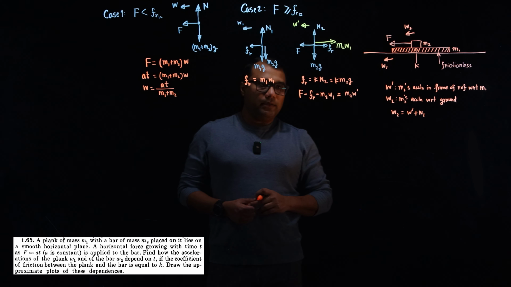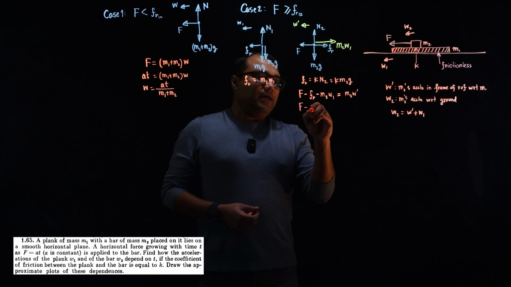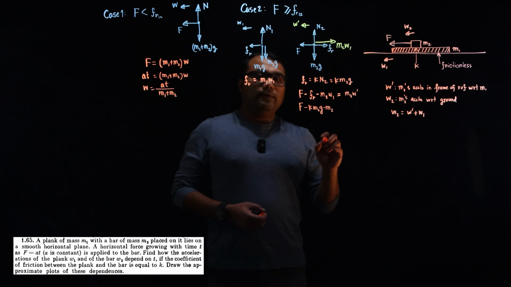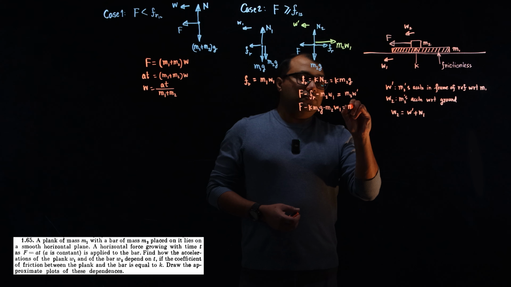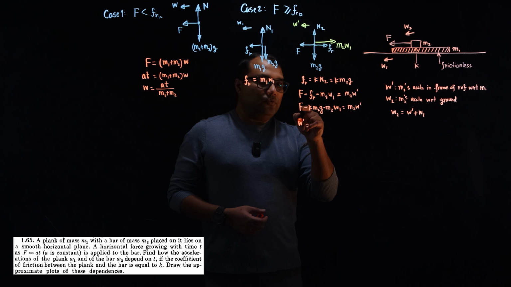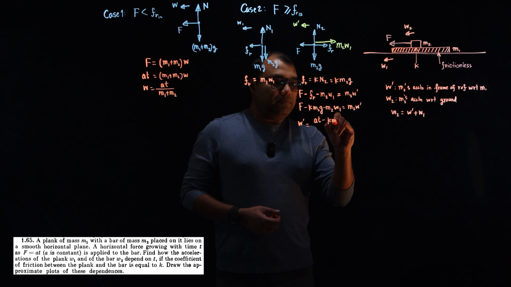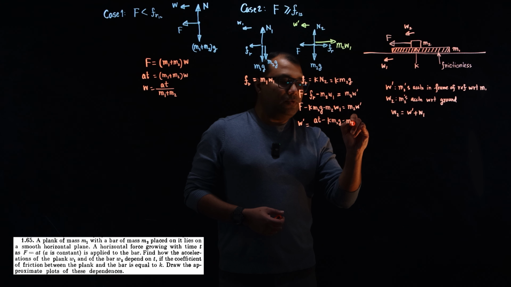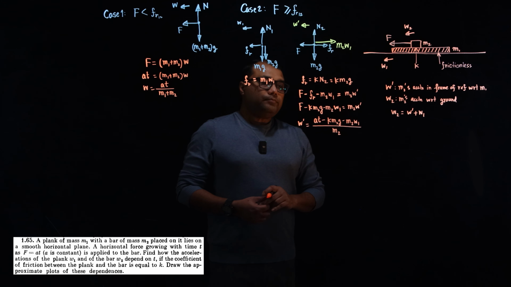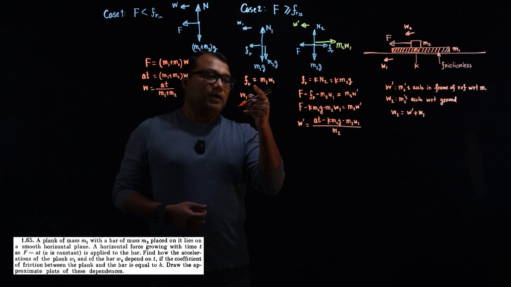All right. So from here, let's write down a couple of things. We can write F minus K M2G minus M2W1 is equal to M2W dashed, or W dashed is equal to, let's replace F with AT, AT minus K M2G minus M2W1 divided by M2. From here we get W1 equals Fr by M1.